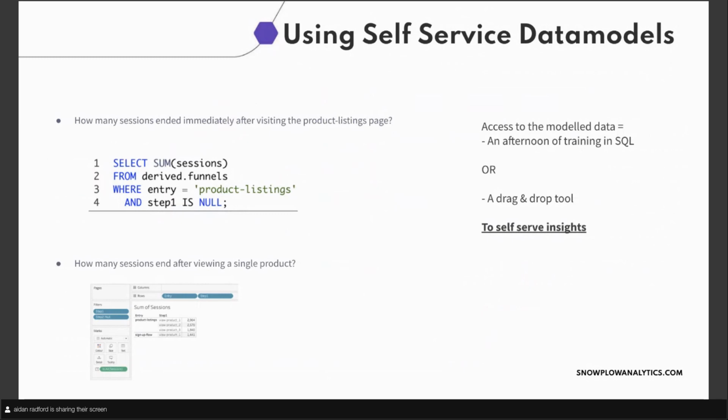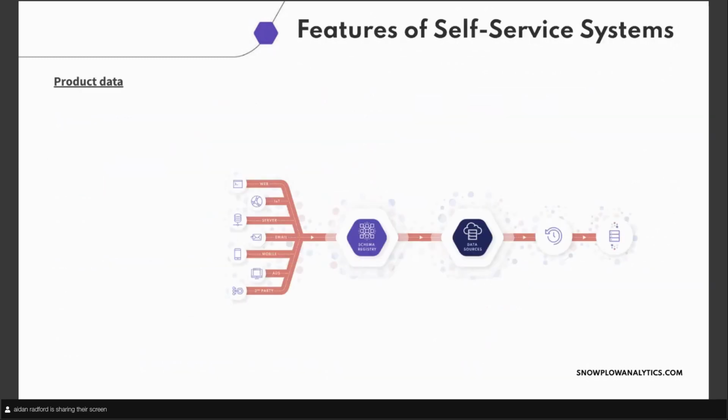And then in terms of what we see in self-service data modeling systems and self-service systems overall, first of all, we see there being product data. So we need to have trackers and a data pipeline that processes this data and puts it into a format that's accessible.